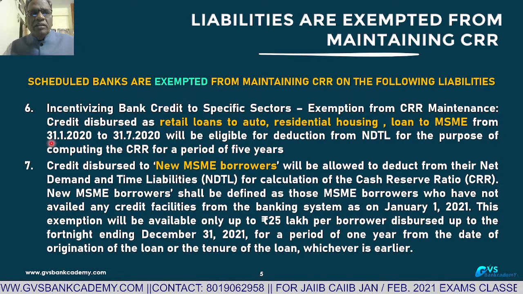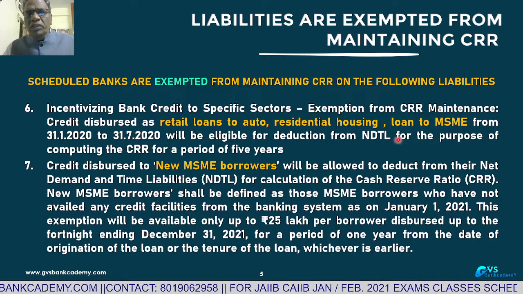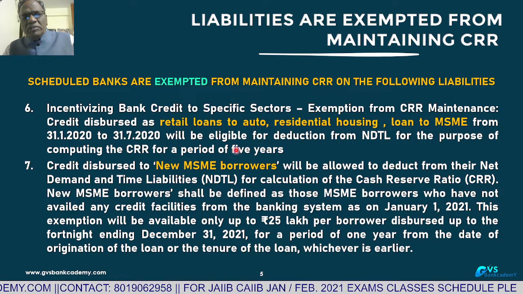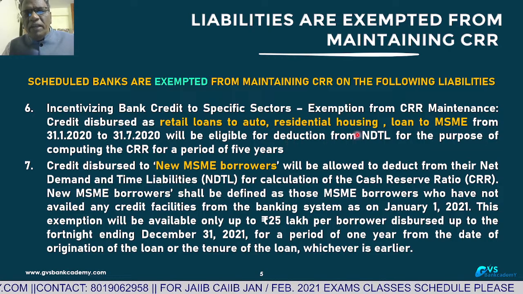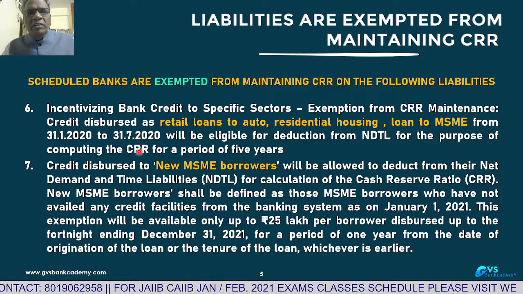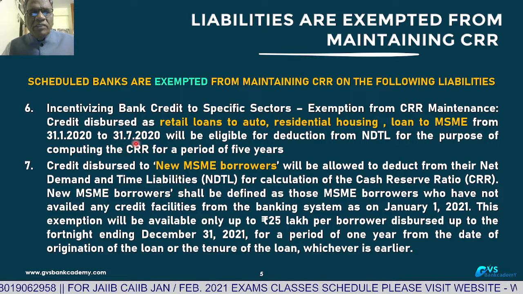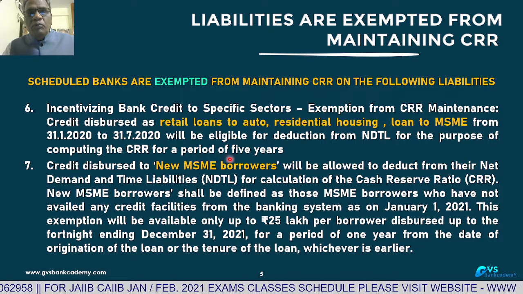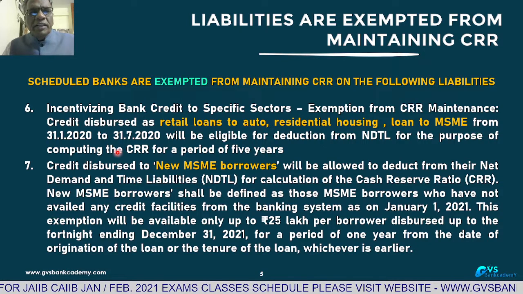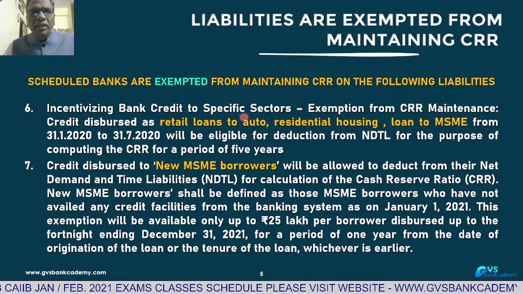Whatever loans sanctioned from 31/1/2020 to 31/7/2020 to auto, housing, MSME, the sanctioned amount is deducted from NDTL calculation. So what is the benefit to the bank? To that extent, they need not maintain CRR. And after sanction, the outstanding amount up to 5 years is progressively deducted from NDTL for CRR calculation. This is a very good step by RBI.